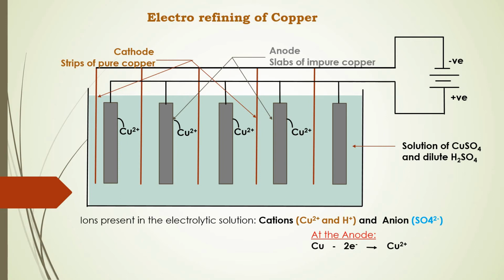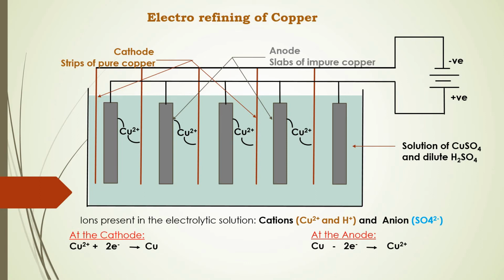Now this copper cation which is there in the solution moves towards the cathode, and over there at the cathode it gains 2 electrons and gets deposited on the surface of the cathode, which is pure copper. And the copper which gets deposited on the cathode is also pure.